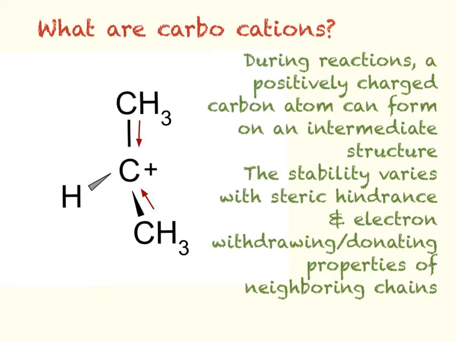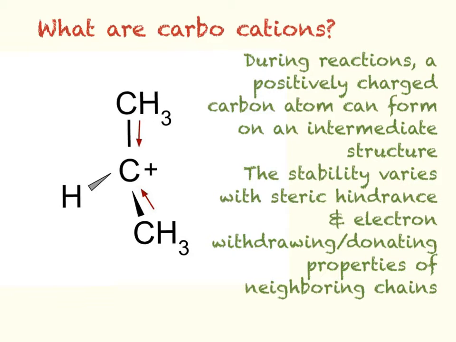Now this leaves the structure looking like this, and what we actually have to find is that certain parts of the structure will try to equal or remove the effect of the charge. So they will be electron donating groups.